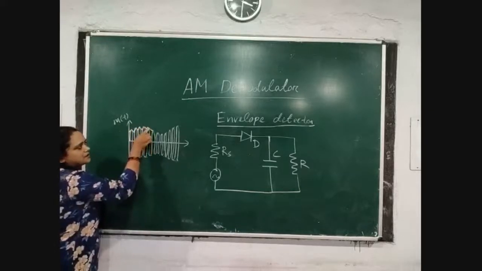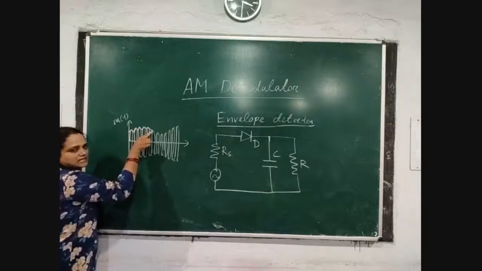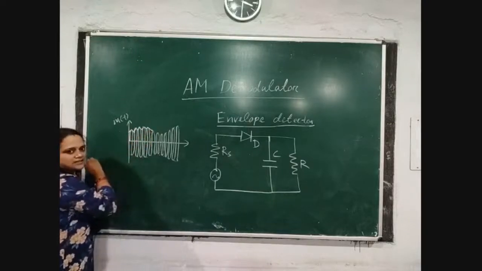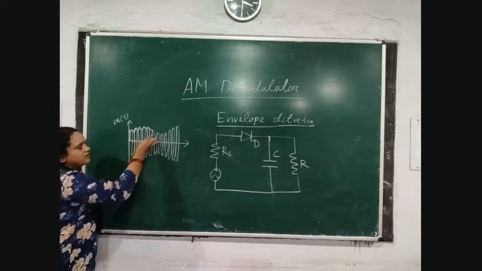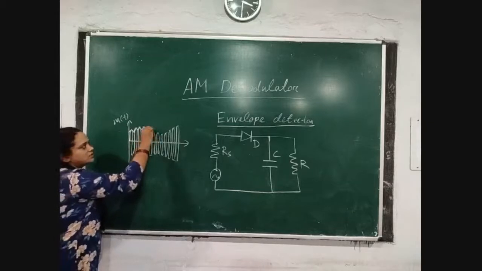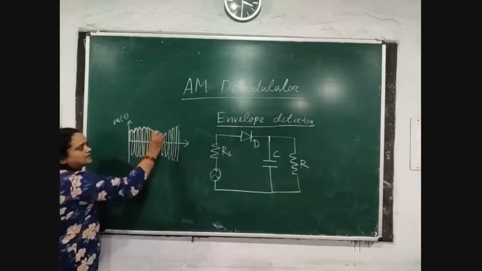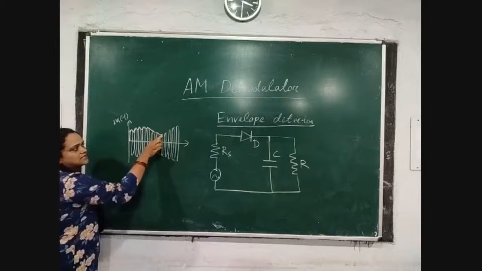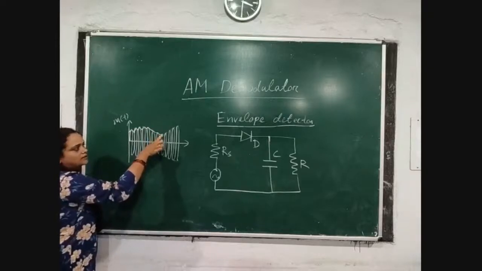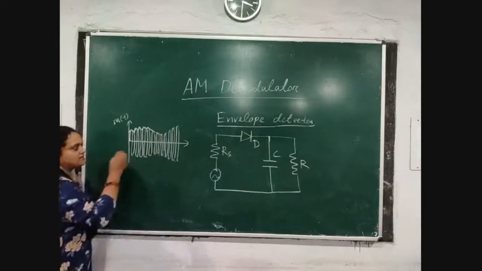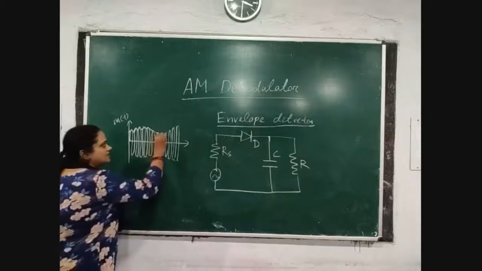See here, the capacitor charge is more than the signal voltage, so there is no need of charging. Again we reach here, where the capacitor charge is smaller than the signal voltage, so it charges again.